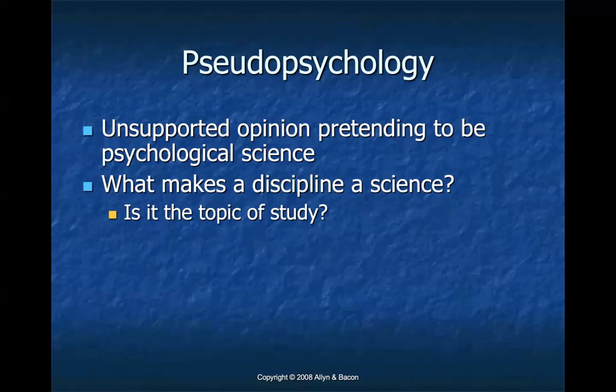Pseudopsychology, and some of you may hate me after I say this, but there are things that don't follow the scientific method that people try to make psychology, but they're not, because they don't follow the scientific method, and therefore it would not be considered science. We call it pseudopsychology or pseudoscience.